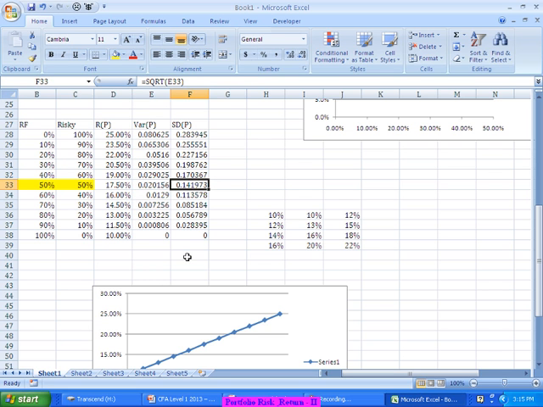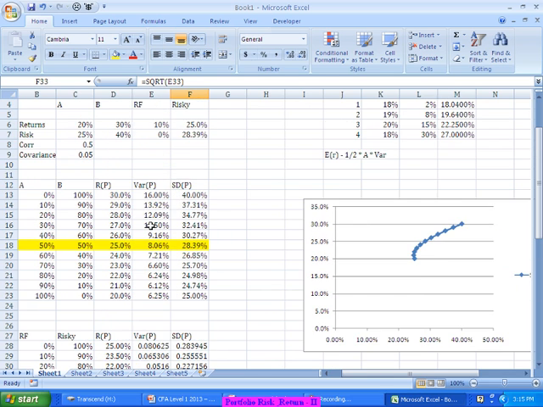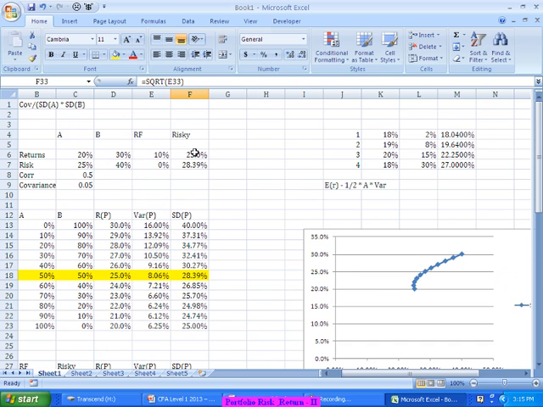The return is 14.1, the risk is 14.19% and the return is 17.5%, if you had taken the 50-50 combination. Now probably instead of 50-50 combination, here I will take some other combination, let's say 80-20, doesn't matter. I'll take the 80-20 combination, so the return is that much, the risk is this much.